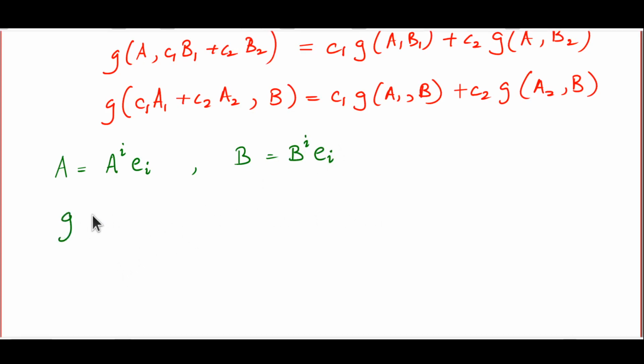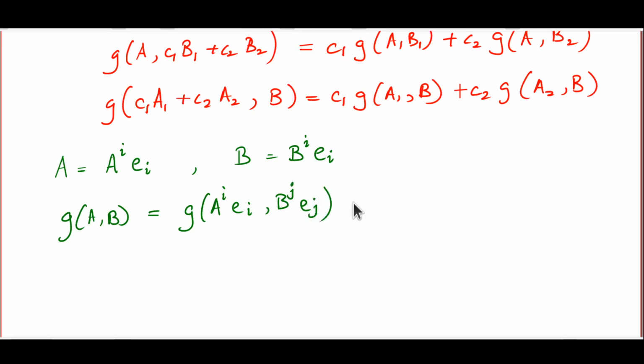So what does G do to A comma B in terms of these components? That, of course, is simply G acting on A^i e_i. And once again, let me remind you that you cannot mix up dummy indices. So the dummy indices for B should be changed from i to something else. What exactly does not matter. But for the time being, let's just say B^j e_j.